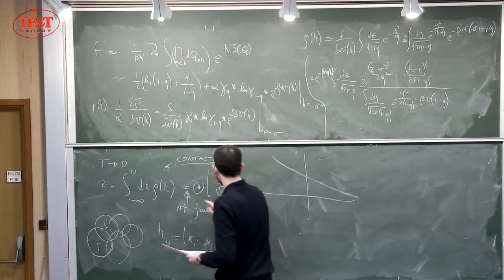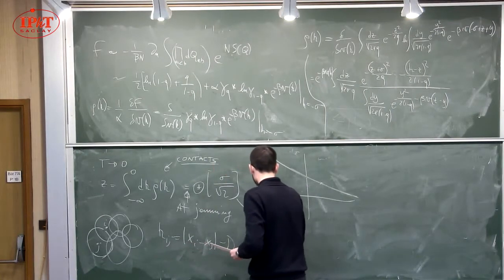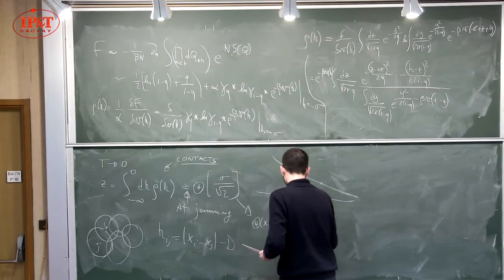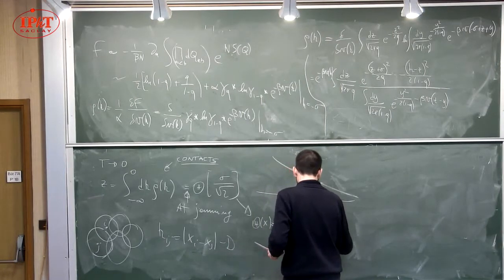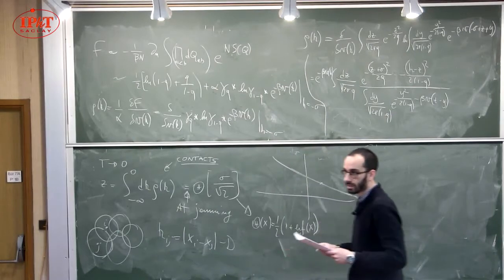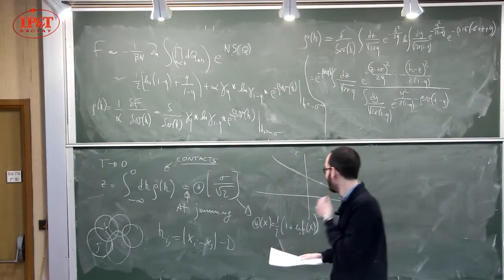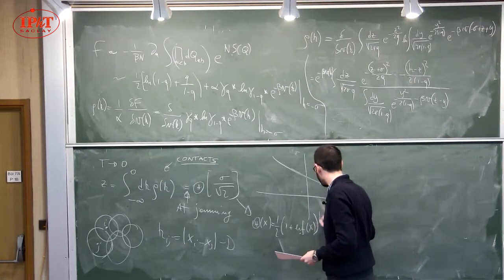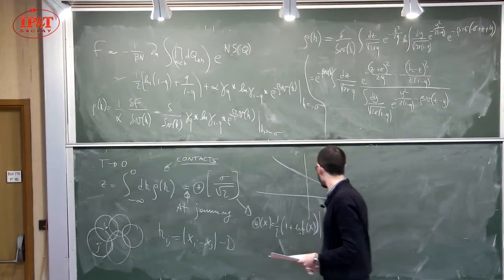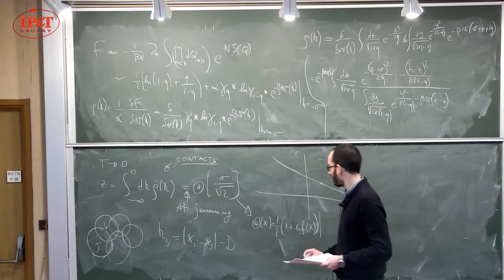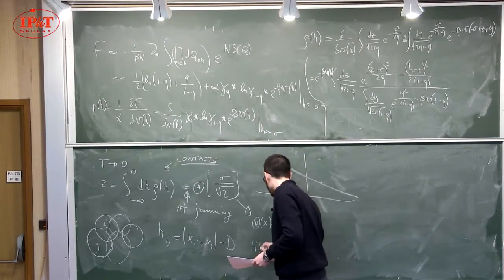This one? No. This one is, so this theta of x is 1/2 times 1 plus the error function of x. Very interesting notation. So this comes from, okay. So I think, if I'm not wrong, this is like the H function.